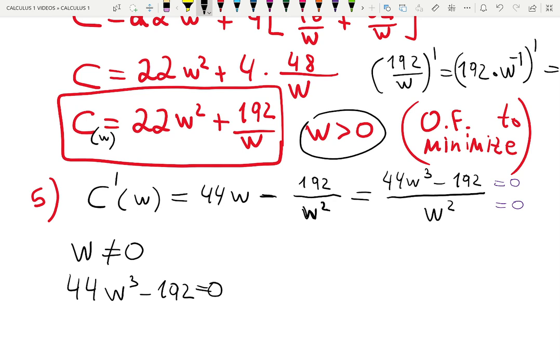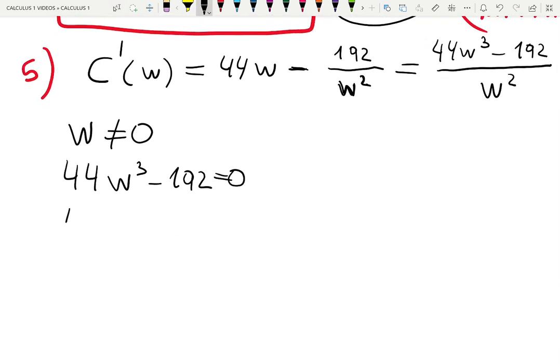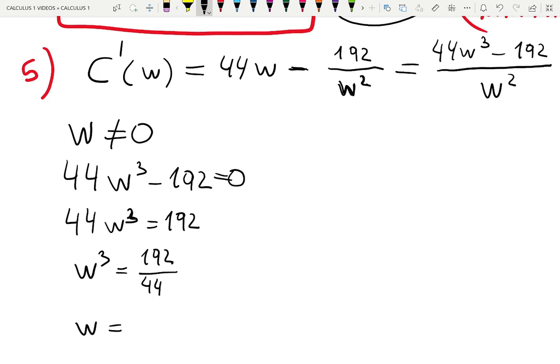That gives the solution. Let's carefully do that. 44w cubed equals 192. w cubed equals 192 over 44. w equals, not plus minus, just plus, the cube root of 192 over 44.